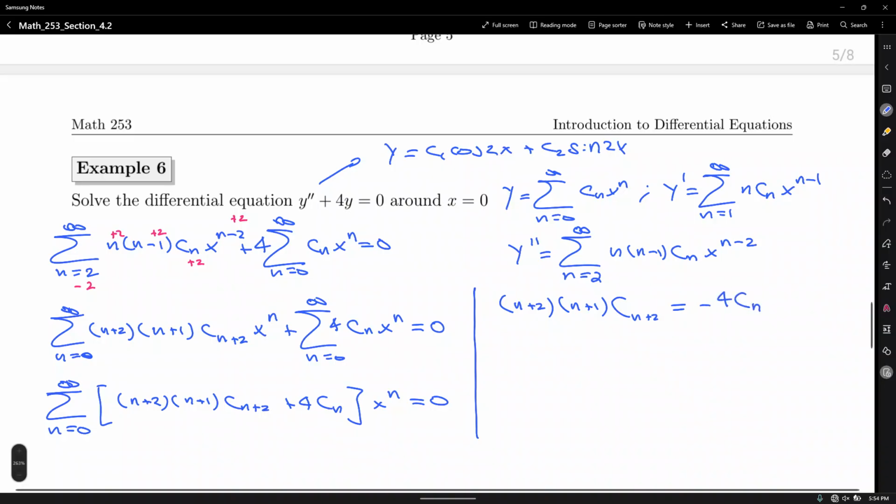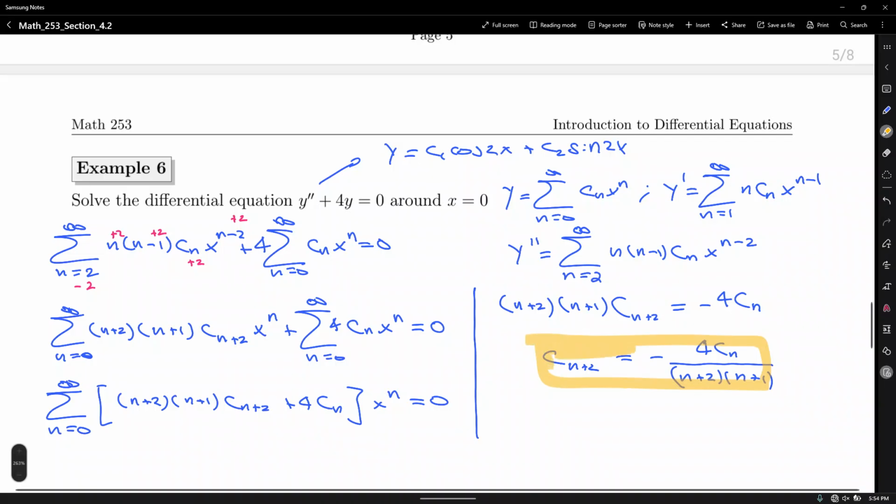I'm going to solve for the constant having the largest of the subscripts, that is c sub n plus 2. So that'll be c sub n plus 2 equals negative 4 c sub n over n plus 2, n plus 1. And this is our recurrence relation.